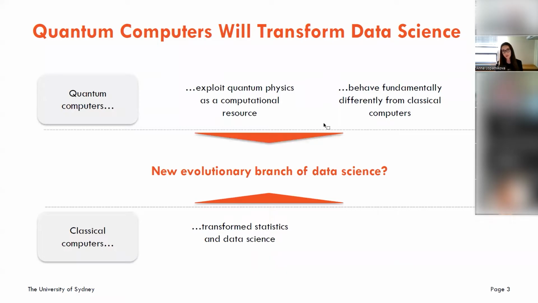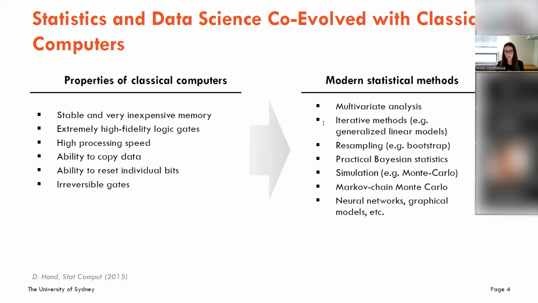So quantum computers exploit quantum physics as a computational resource, and they behave fundamentally differently from classical computers. Classical computers, as they emerged and reached maturity, transformed statistics and data science. And so one can expect that the evolution and maturation of quantum computers will also spawn a new evolutionary branch of data science, just like classical computers did.